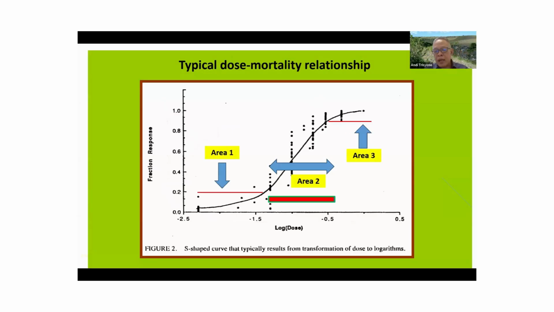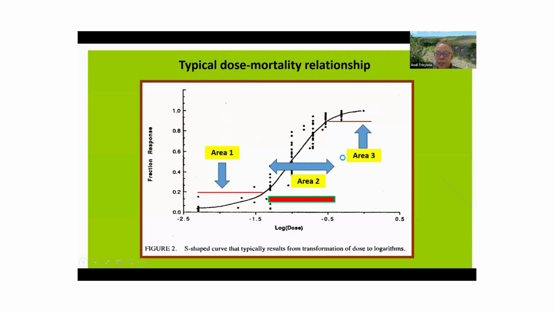So I think people then change the type of the relationship by transforming the x-axis, in this case, into log, becoming log dose or log concentration, while the y-axis is still similar. And you can see here the graph becoming sigmoid, which is a little bit easier and probably more familiar to us, right? So let's take a look at the three areas that I put in arrow here.